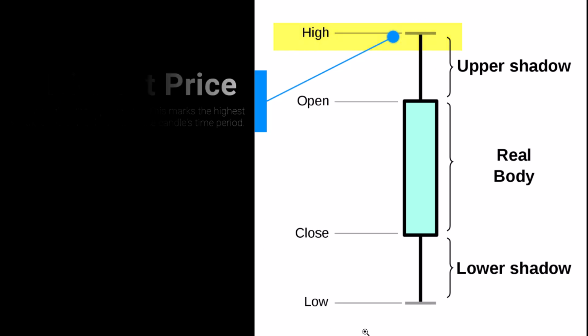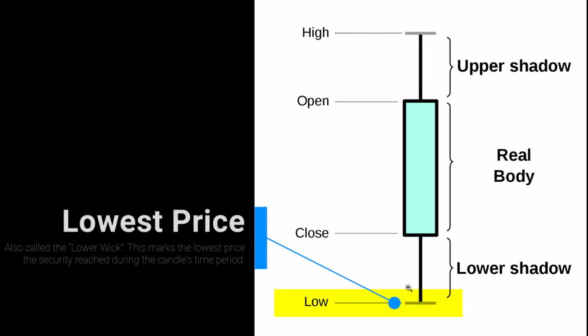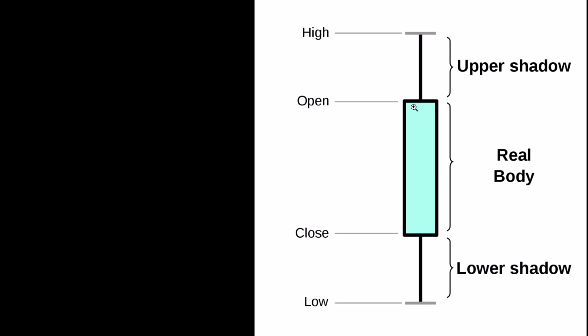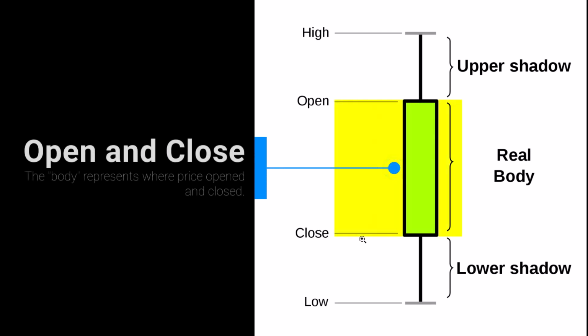All the way down here is the low, and this is the low point price reached during this time period. The body of the candlestick represents the open and the close of the candlestick during that time period.